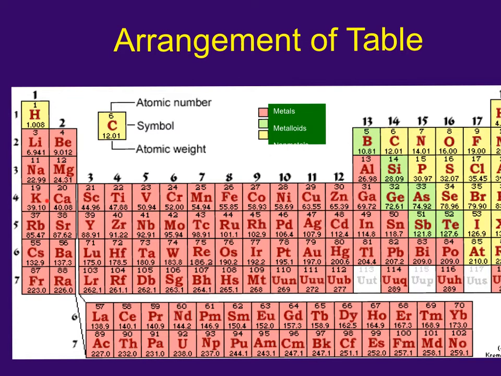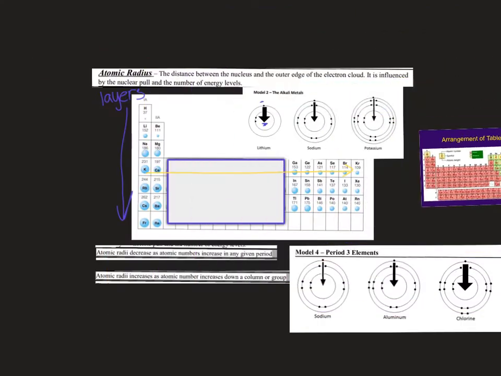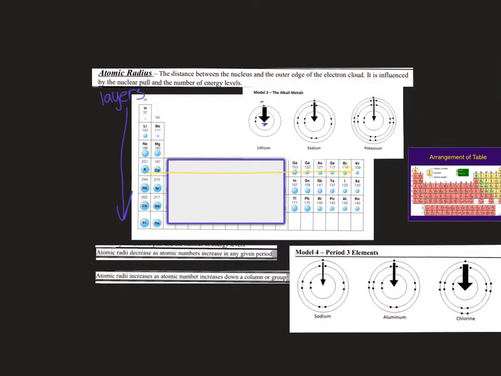The example that we're looking at right there is sodium, then aluminum, then chlorine. We have an 11 versus a 13 versus a 17. Remember that the atomic number is representing your protons.